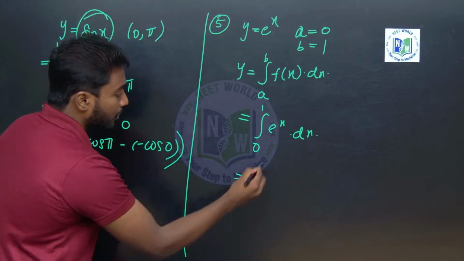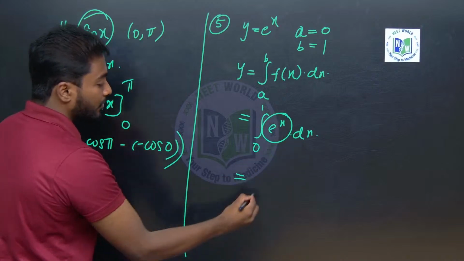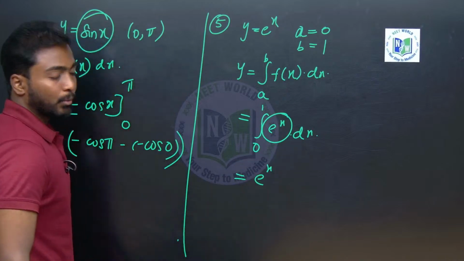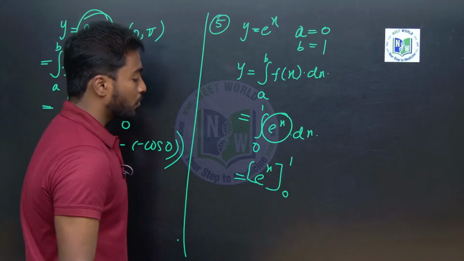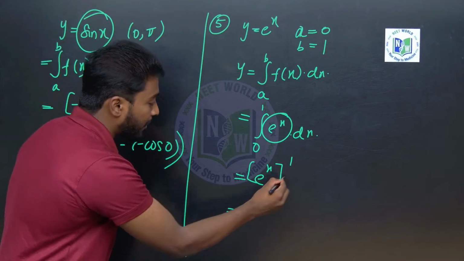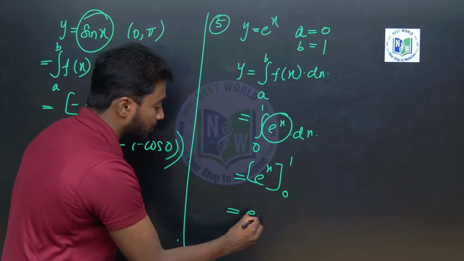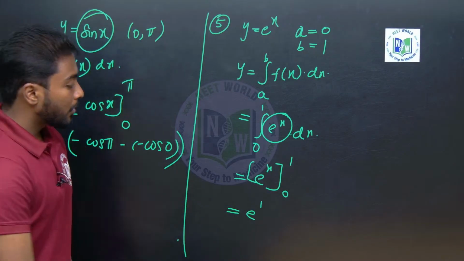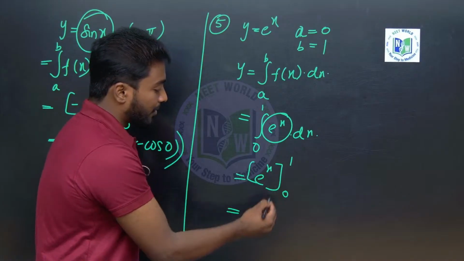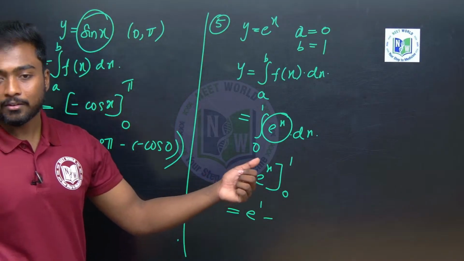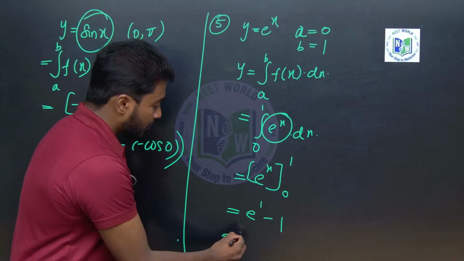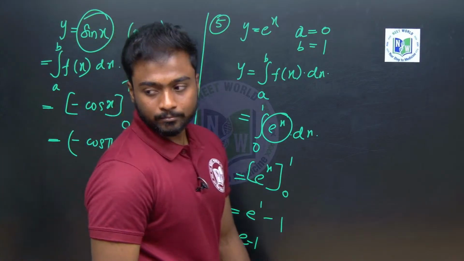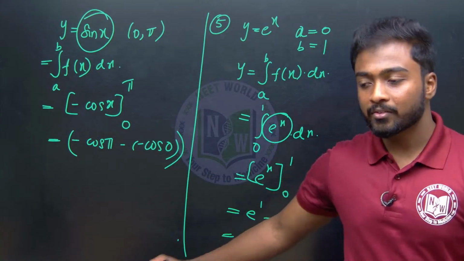Now, take it, integration of e power x is e power x only. Limits are from 0 to 1. So if I apply the limits, first limit, that is e power 1 minus e power 0. Anything power 0 is 1, right? So e minus 1. Yes or no? Anything power 0 is 1.